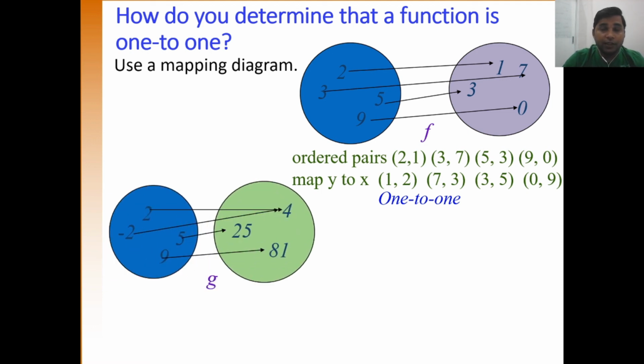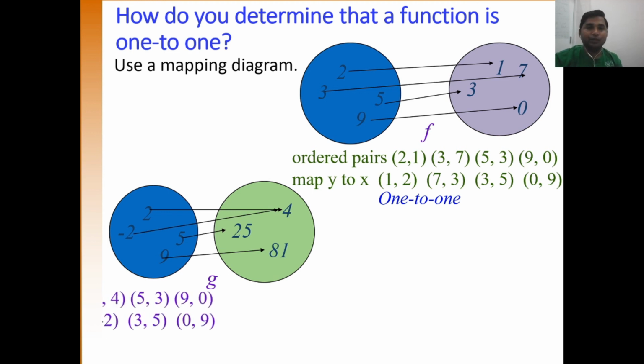Now this is a function g, where -2 and 2 are mapped with 4, 5 is mapped with 25, 9 is mapped with 81. In this case, as you can see, two values of x are giving one value of y. But when you map it back, y to x, you will see that 4 is giving two different values of x, which are -2 and 2.